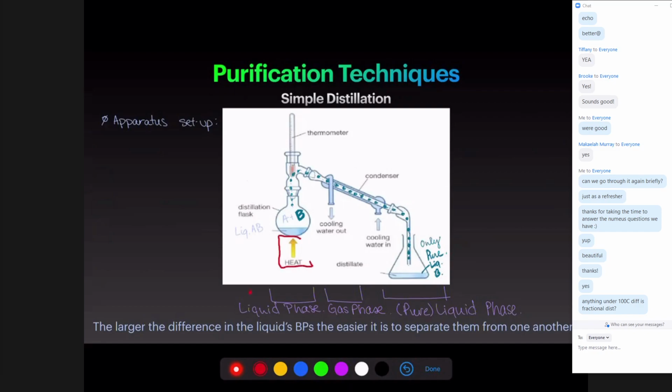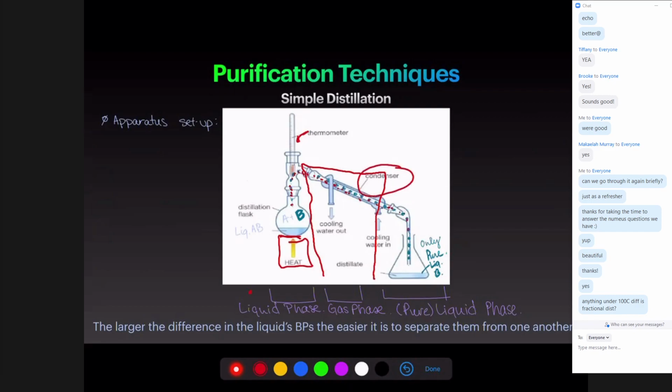We have our hot plate, which is boiling liquid AB, and your thermometer is here, so you can measure and not go over that certain degree, so you can make sure that your vapors properly separate out. Here you have your gas phase. This part is the gas phase, meaning your lower boiling point liquid vapor comes up, enters into the gas phase, and then it is condensed by the condensing column.